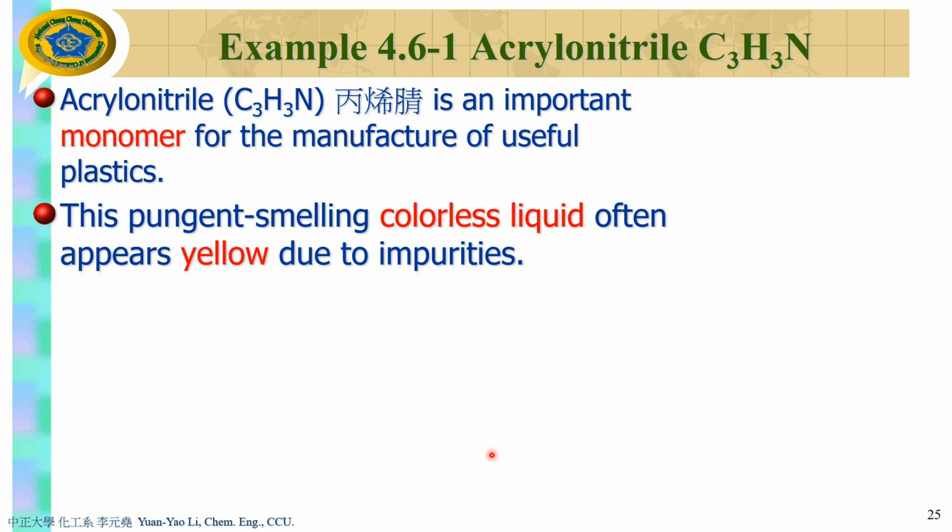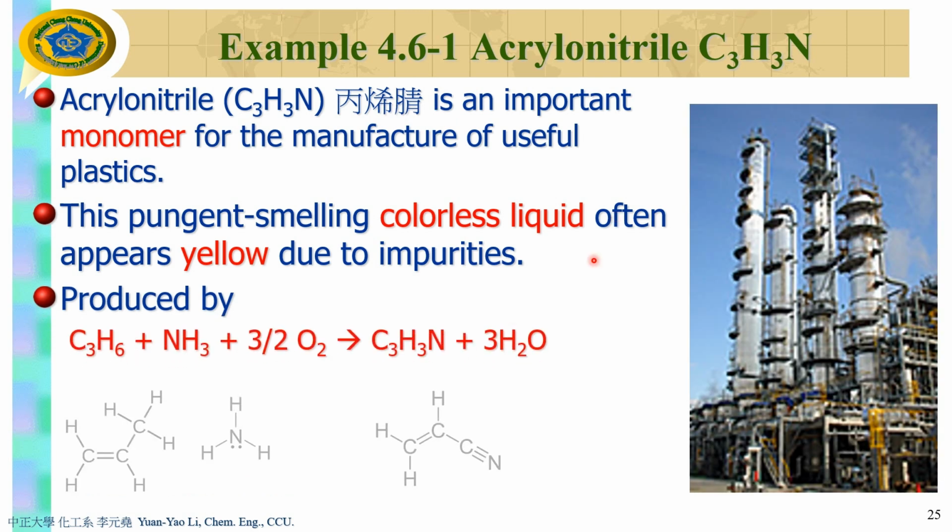Before we really talk about this example, this is acrylonitrile. Let's start to understand what acrylonitrile is. Acrylonitrile is an important monomer for manufacturing some useful plastics, and it is a colorless liquid that often appears yellow due to impurities.